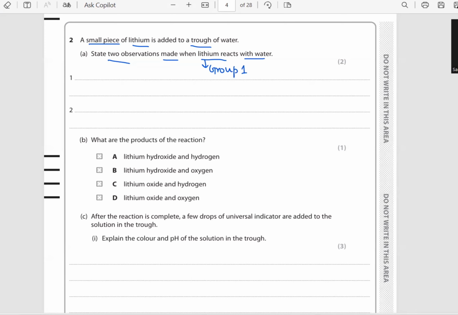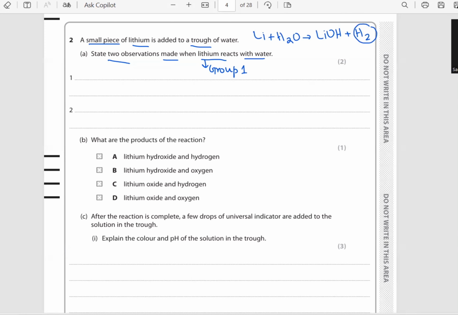When you add a group 1 metal in the water, it is the first element. There are some particular observations you must know whenever you add lithium into water. It makes LiOH and hydrogen gas. Because of the gas production, you will observe effervescence, bubbles.